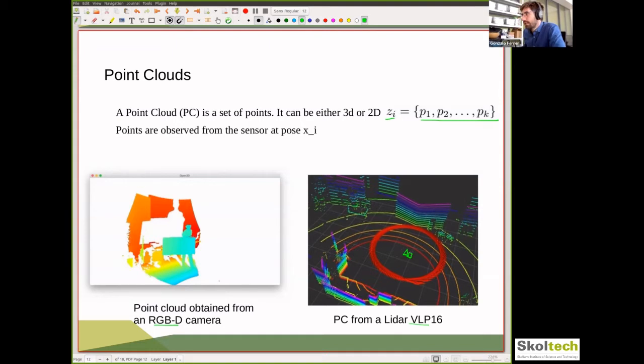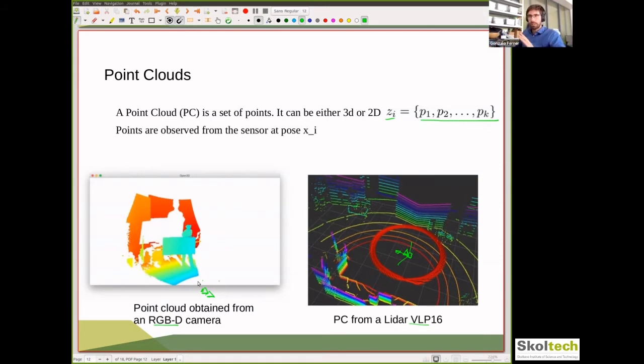So here you see you have some pose that is the pose of the sensor with respect to the world or some location. And this is where all these points are referred to. Most of them are just referred to this local frame, let's call it this way. The same happens here. In this case this is kind of a camera, and maybe we have it here, okay?